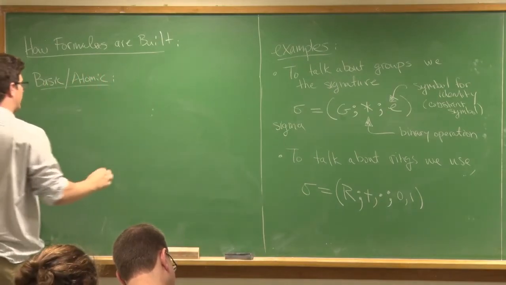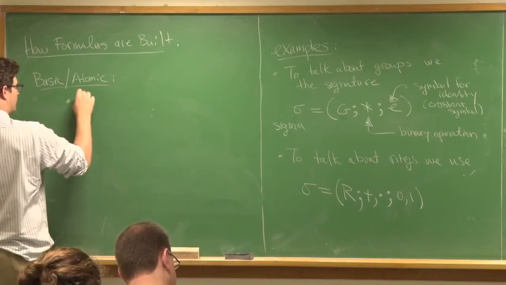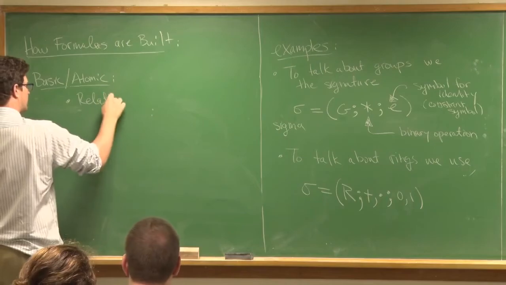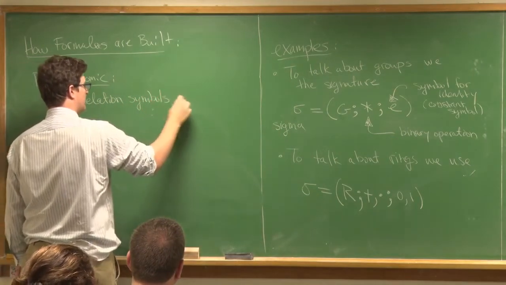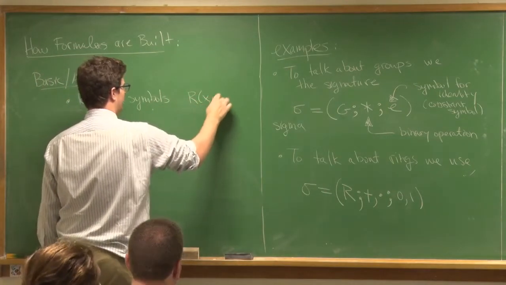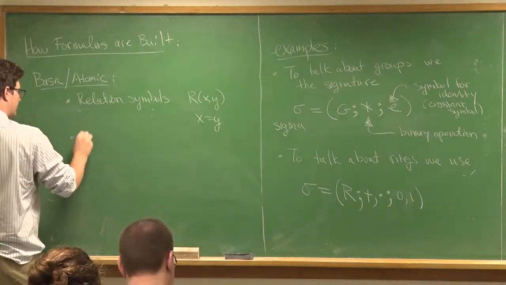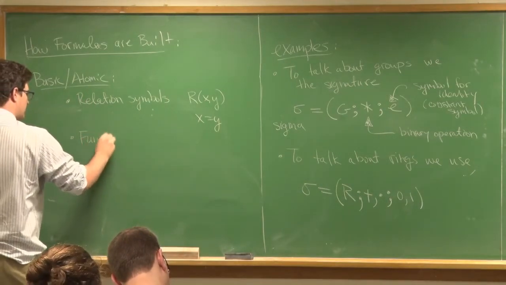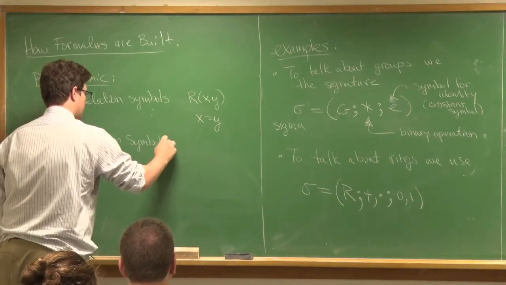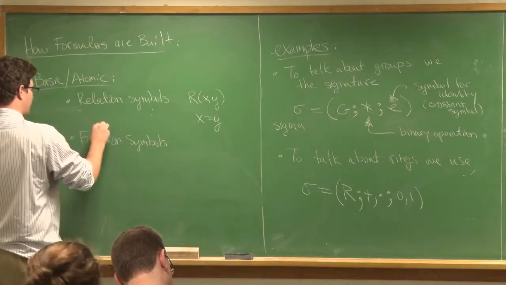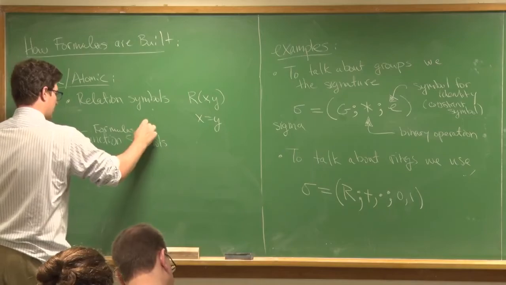These come from relation symbols by themselves, like r of x, y, or x is equal to y, or function symbols.